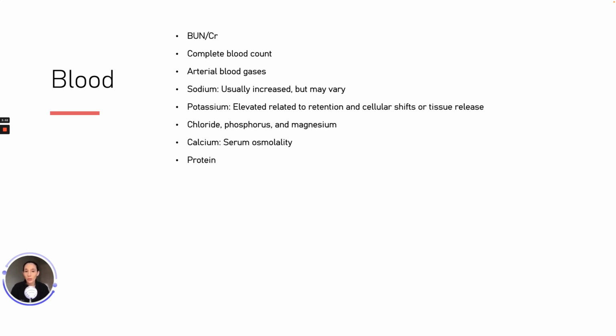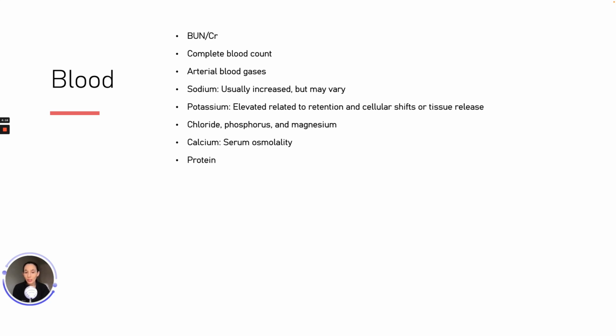We can look at the sodium, which usually increases but may vary. We can look at potassium. Usually this will be elevated related to retention and cellular shifts because of acidosis or tissue release because of red cell hemolysis. We can look at chloride, phosphorus, and magnesium, all of which are usually elevated.